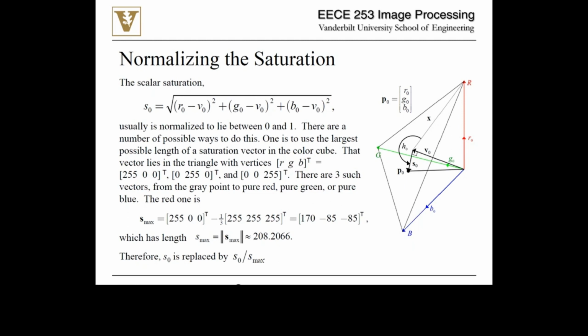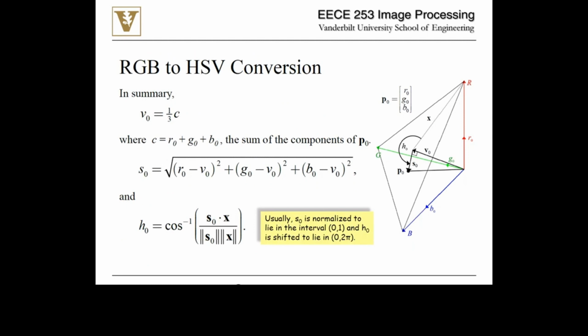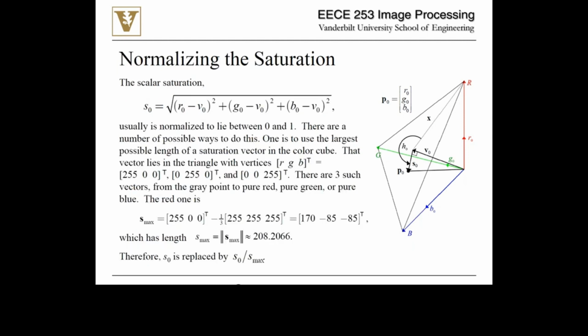Then instead of encoding this length of S, what we keep in the computer is the length of S divided by 208. Now it is a number between 0 and 1. So the saturation is a number between 0 and 1 that tells you how far you are from a gray color.